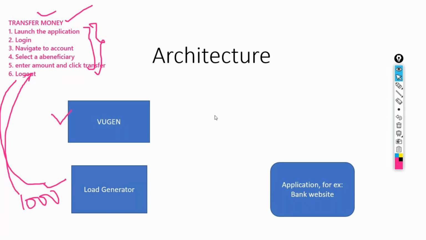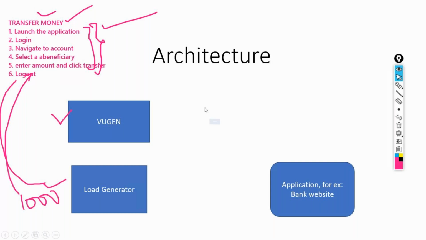Now, when you have the load generator ready and Vusion ready with scripts, you need a component to upload the scripts which we develop here and trigger the execution. Trigger the load test execution.